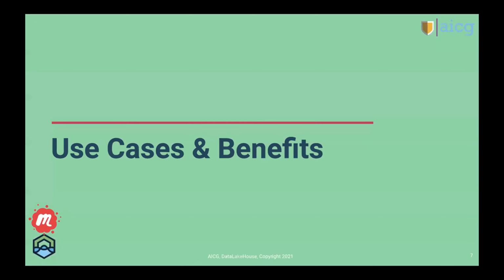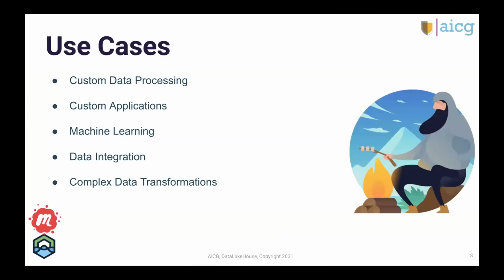So if we focus on some of the use cases and some of the overall benefits of Snowpark, it really allows the ability to do custom data processing, and to build, and extend, if you will, custom applications. It's definitely ripe for machine learning applications. We talked about DevOps, data ops, and of course, if you've been reading some of the buzzwords lately, there's also the concept of ML ops for machine learning operations.